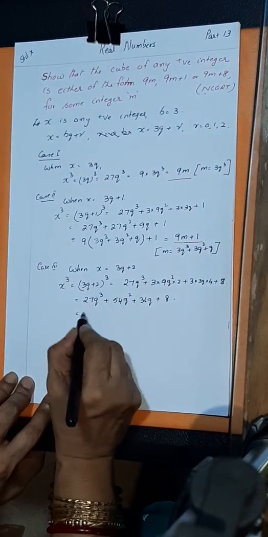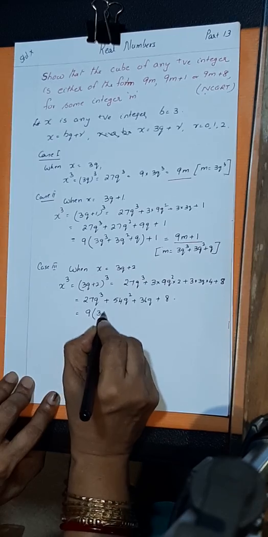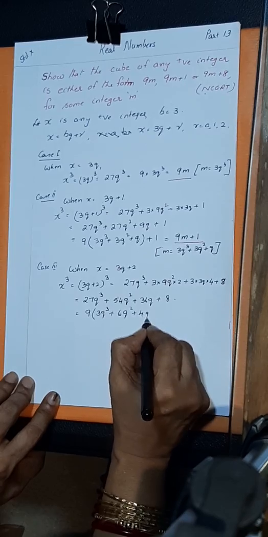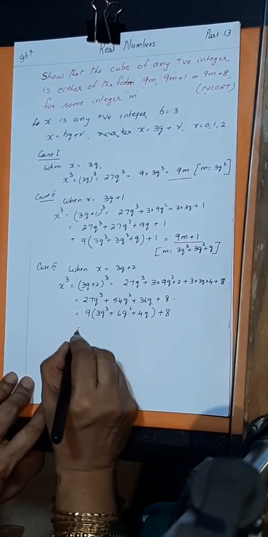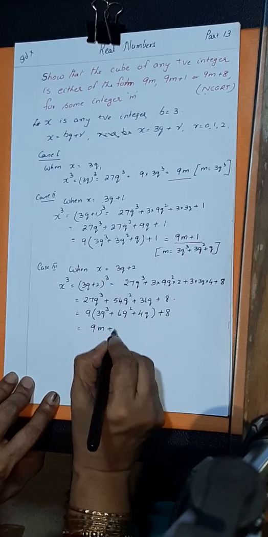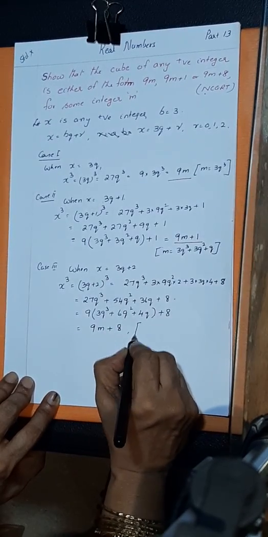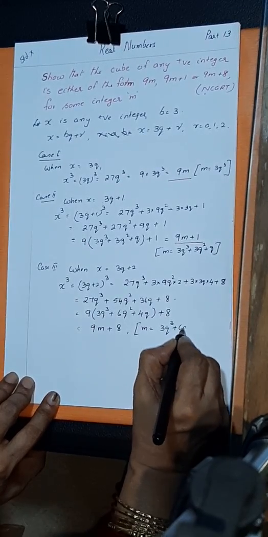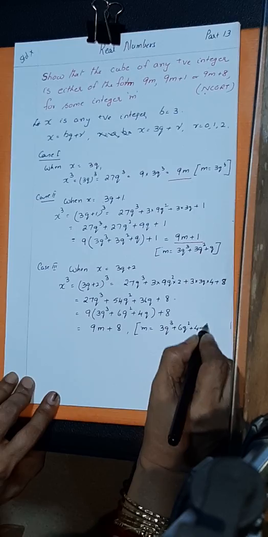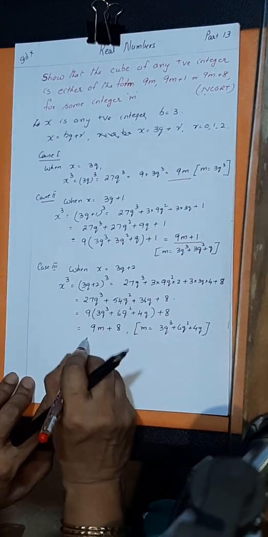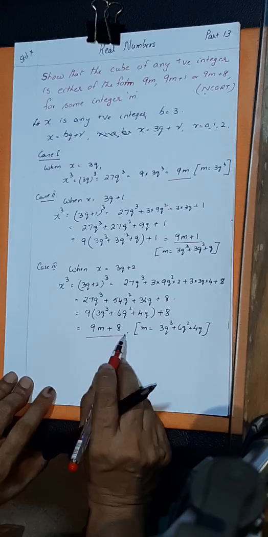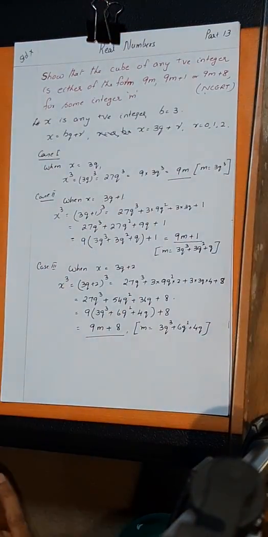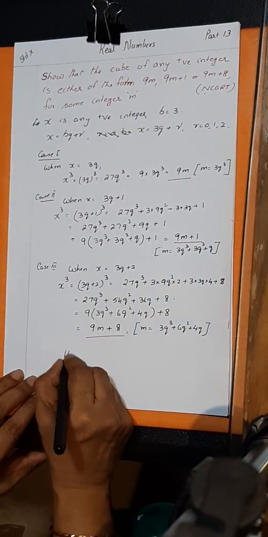Now here I will take 9 as a common factor again, plus 8. So this is equal to 9m plus 8, where m is equal to 3q cube plus 6q squared plus 4q. So I got the format as 9m plus 8. So it is of the form 9m, 9m plus 1 or 9m plus 8. Hence proved.